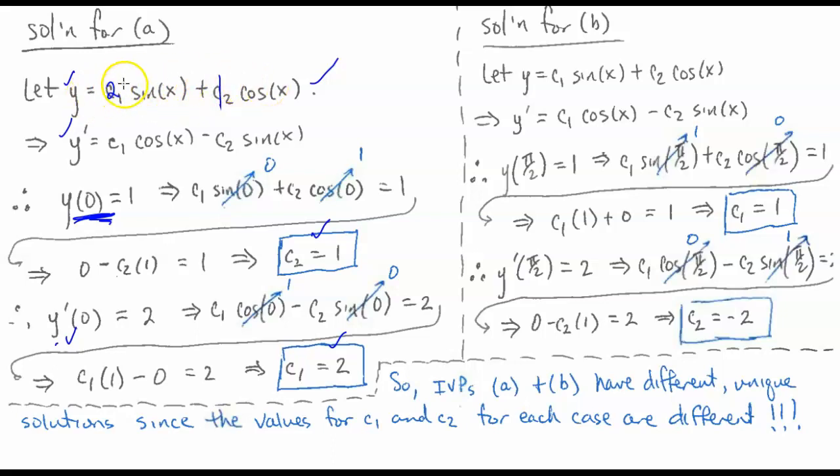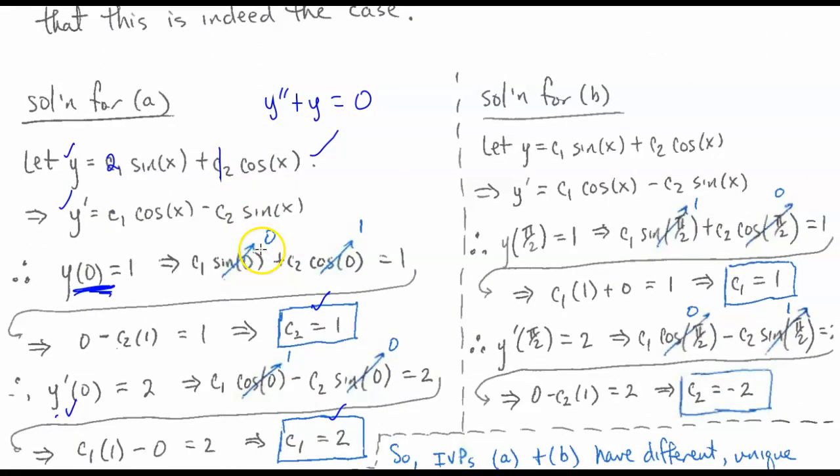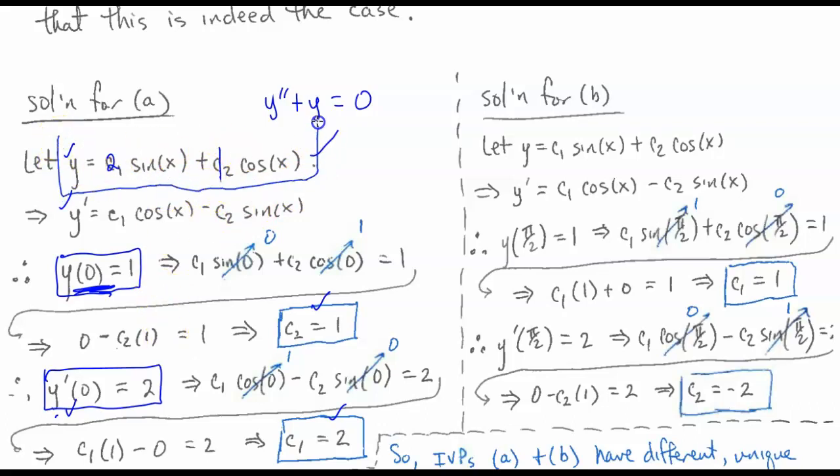That will be a specific or unique solution to our differential equation y double prime plus y equals 0, in the specific case where we essentially say that the point (0, 1) is on the graph, and then the rate of change of that function at the instant when x is equal to 0 is 2. When we have those two properties about the solution to our differential equation, then this is the function that models that.